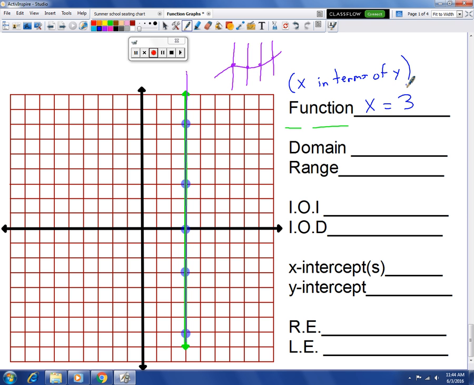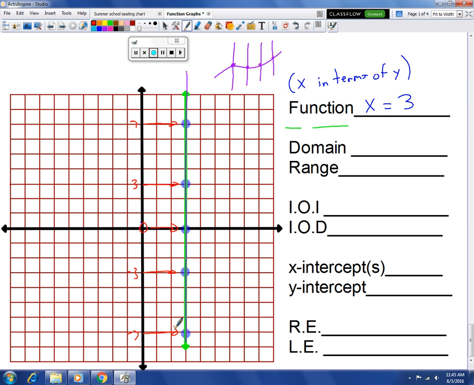Even though I don't have a y in there, no matter what I pick for y, y is 0, I get x equals 3. Y is 3, I get x equals 3. Y is 7, x equals 3. Y is -3, x equals 3. No matter what I pick for y this time, I get x equals 3.